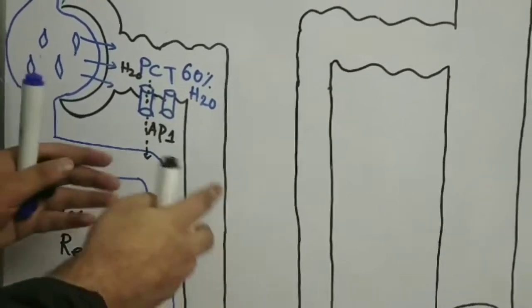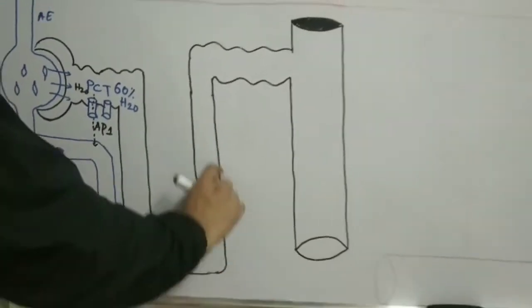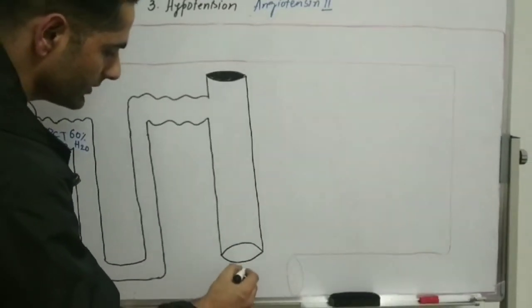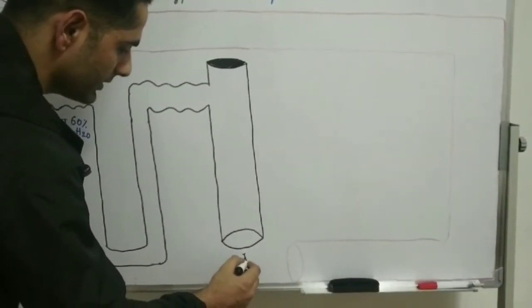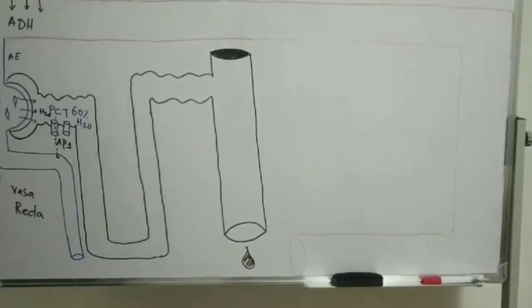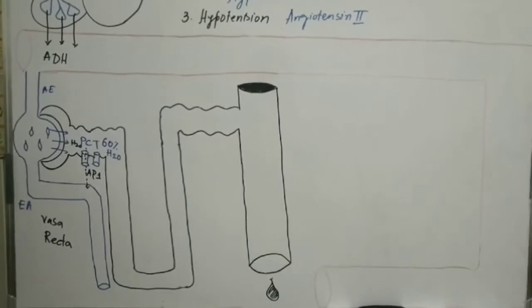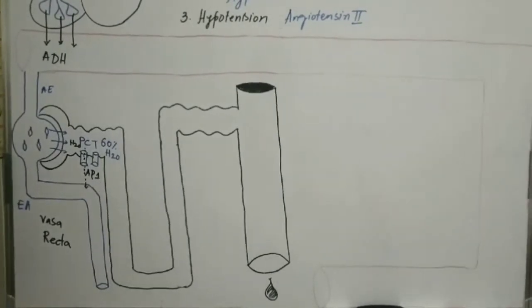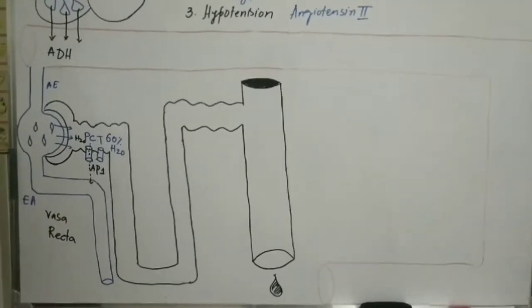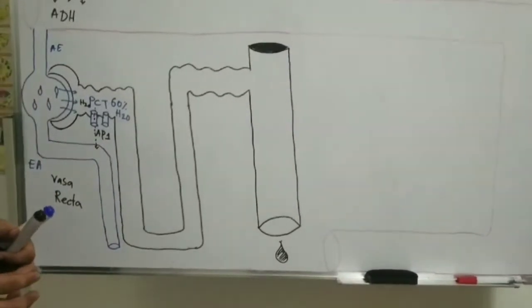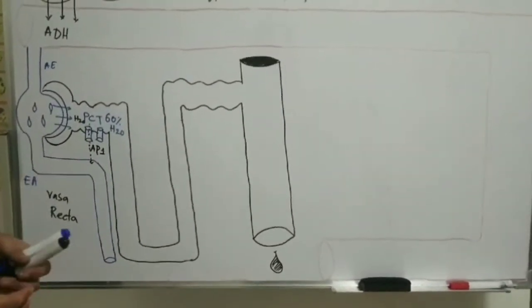Now you will see here, urine will be formed. Eventually, the urine will be excreted here. One thing I want to mention: the urine is always concentrated. It is less diluted. Less diluted means there is less water in the urine and more solutes.